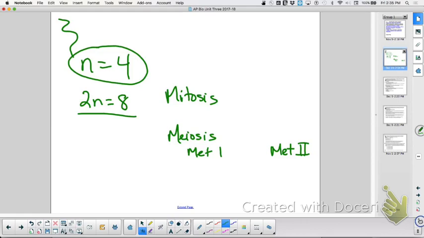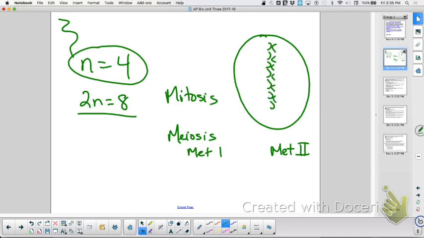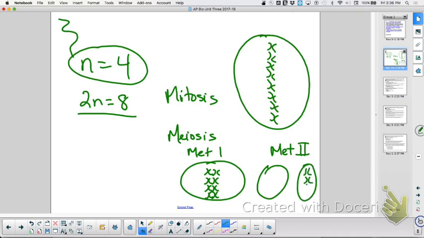Yes. Is that what you imagine for mitosis? Okay. And what did you imagine for metaphase 1? Is that what you imagined? And then what did you imagine here? 2 cells. Do you agree with that?